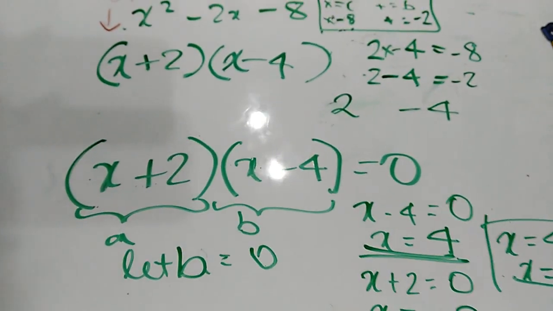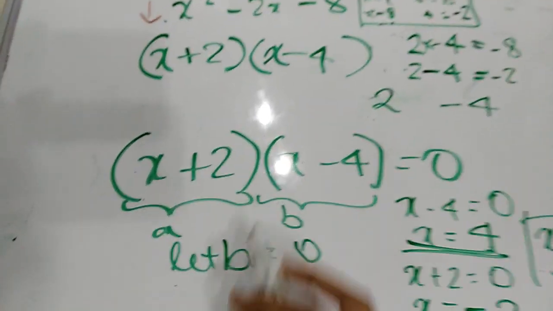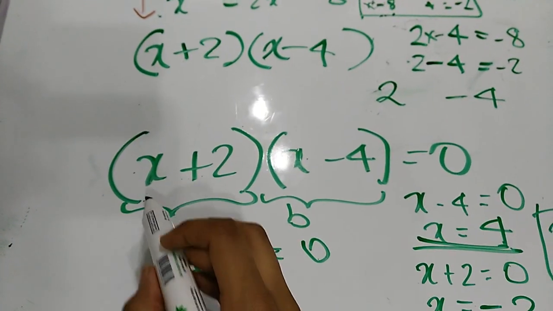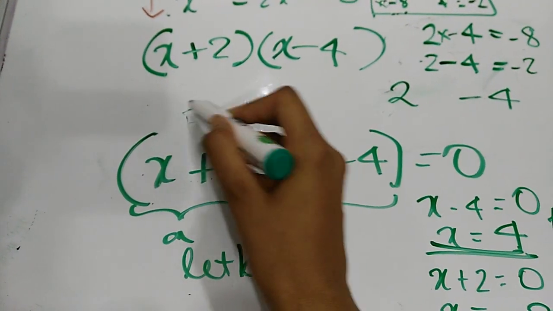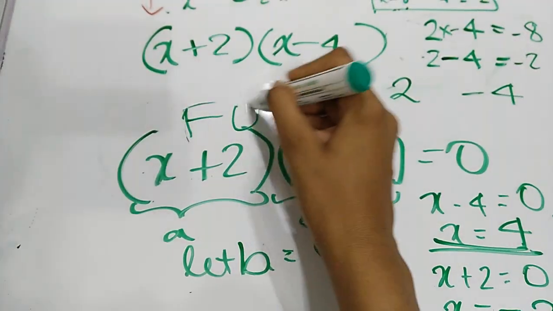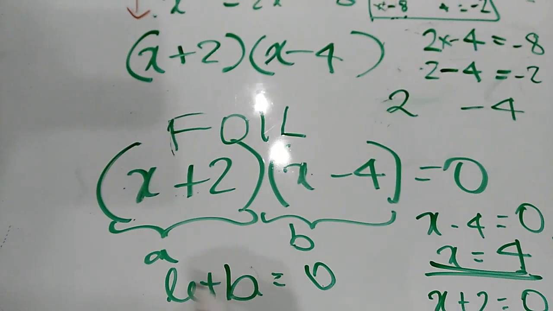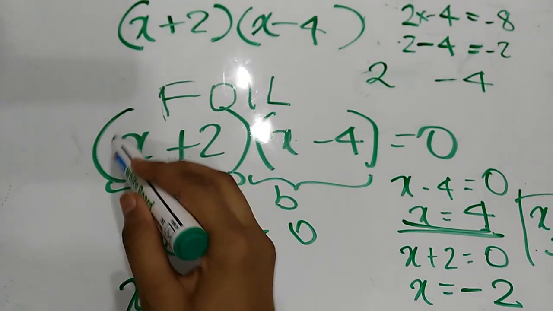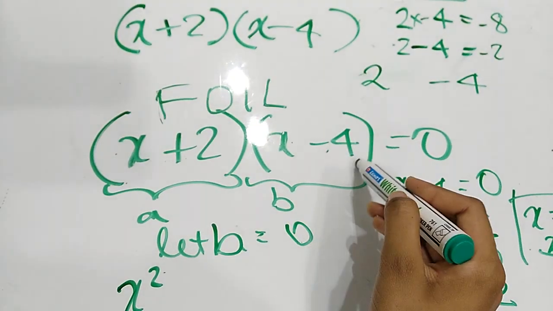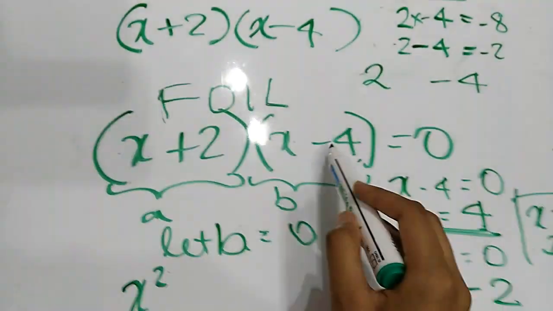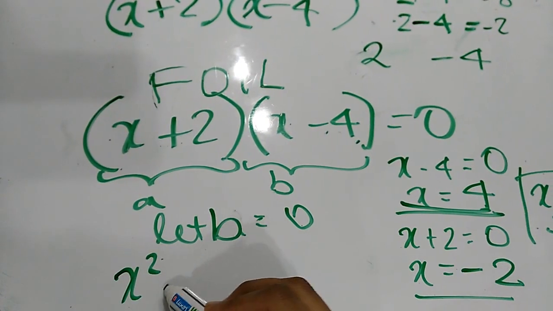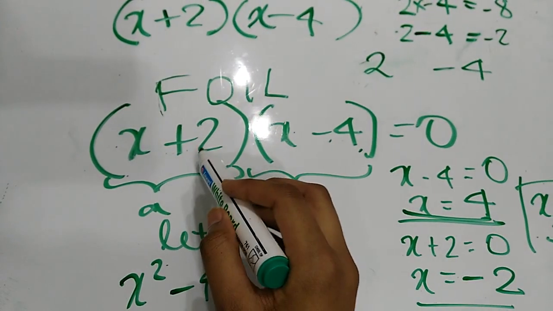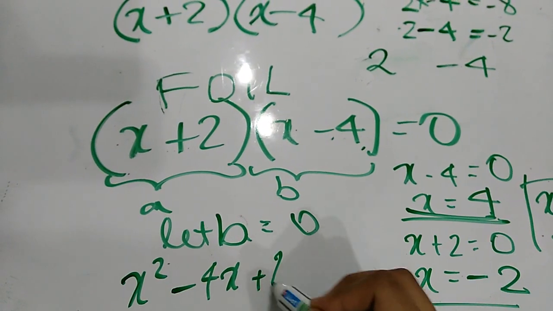And now I would expand this out just to check that what I've done is right. So I use my FOIL method. So first, outside, inside, last. My first values are x times x, which is x squared. My outside values are x times minus 4. So timesing a positive and a negative gives me a minus, so minus 4x. 2 times x is plus 2x.